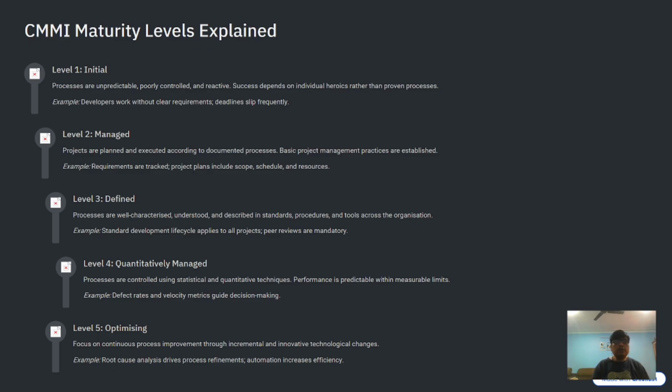So level 1 is initial. This is the ad hoc level. Processes are unpredictable. We are not predicting anything here. Poorly controlled, definitely, because we have no structured way. And reactive, definitely it can react because we don't have any kind of control. Success depends on individual heroics rather than proven processes.